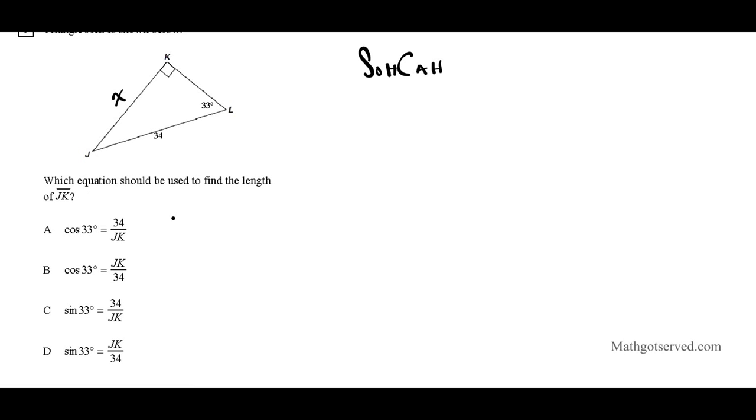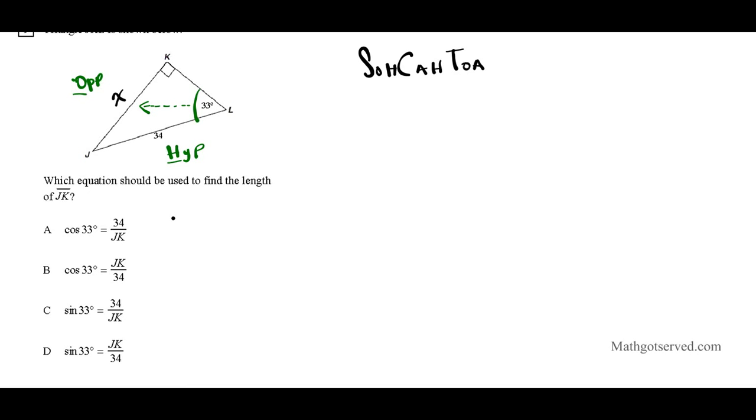So let's see which one we can use. We're going to label what we need and what we know, and then that should help us determine the right ratio to use, the right function to use. Since this is the angle under consideration, the side opposite that angle is going to be your opposite. And this side right here is opposite the 90-degree angle. The longest side of the triangle is your hypotenuse. So which trig ratio relates O and H?